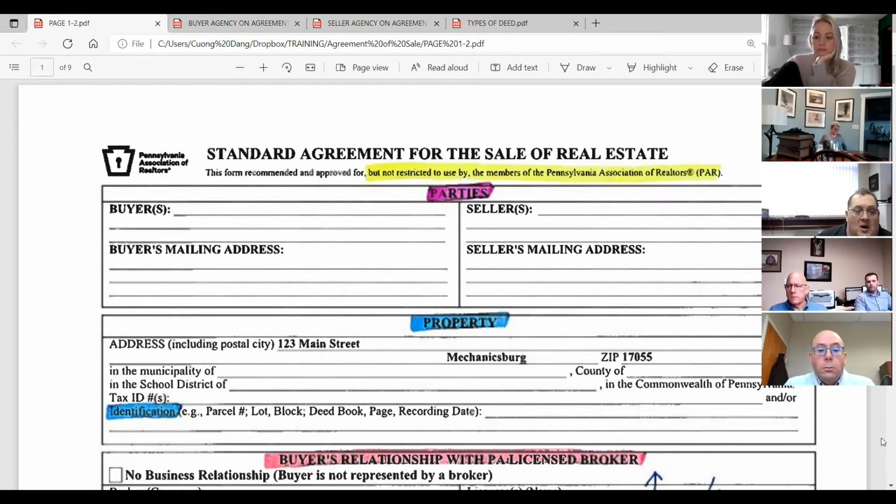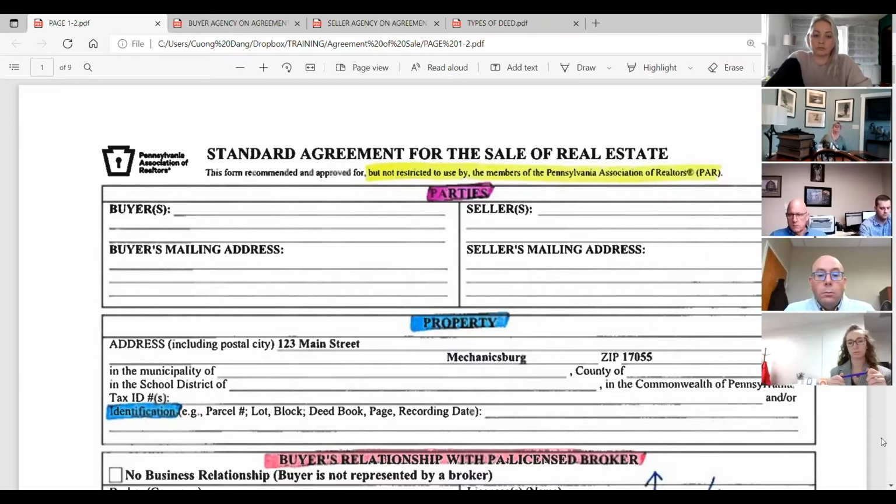Exactly. Number one, it was written by Jim Goldsmith and the Pennsylvania Association of Realtors. So it's in our best interest to fill in the blanks. We're not attorneys that can create language. And for our protection and our E&O insurance, what's been written up by Jim Goldsmith, this form is here to protect us.